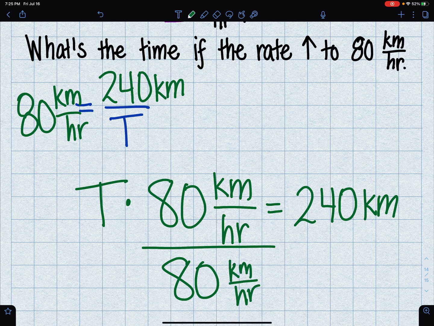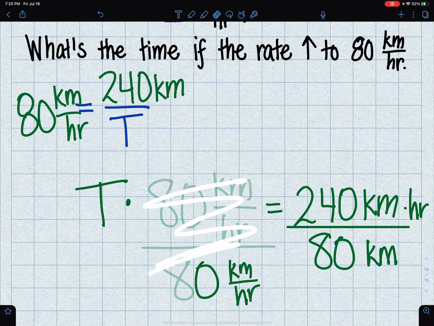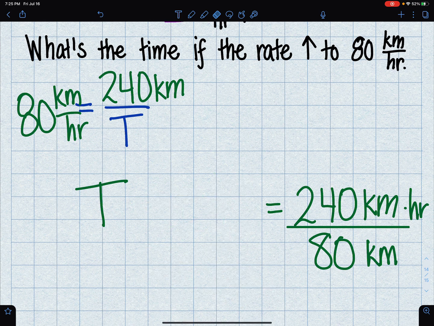Because it's a fraction over a fraction, I do 80 kilometers per hour. The hour goes on the denominator now because it's a fraction over a fraction, right? So this now goes to the top. So I can see if I erase this now, T is equal to that.